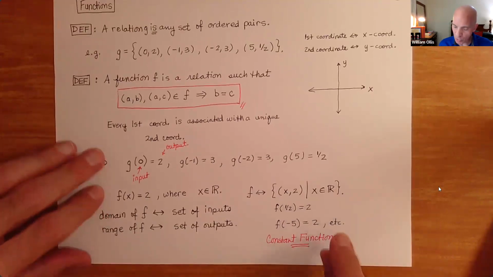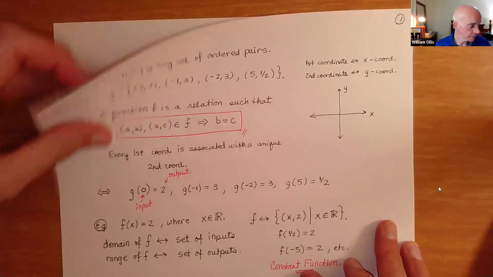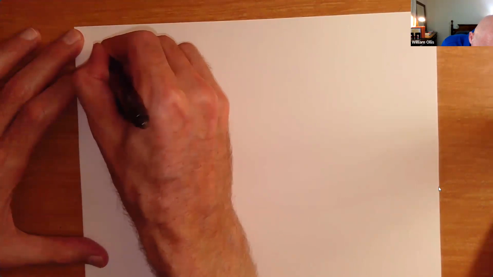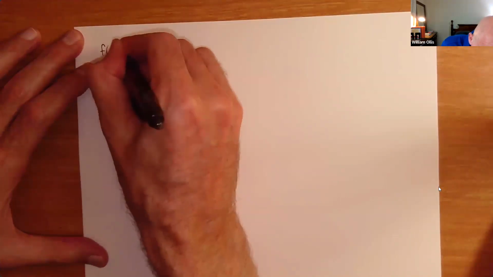So let's go ahead and draw this graph. So we have f of x equals 2.